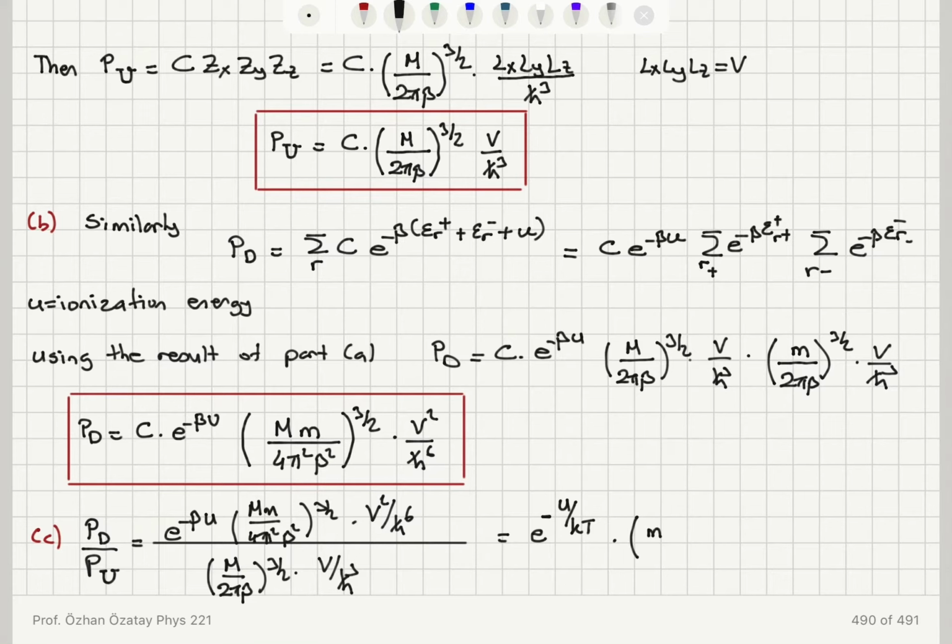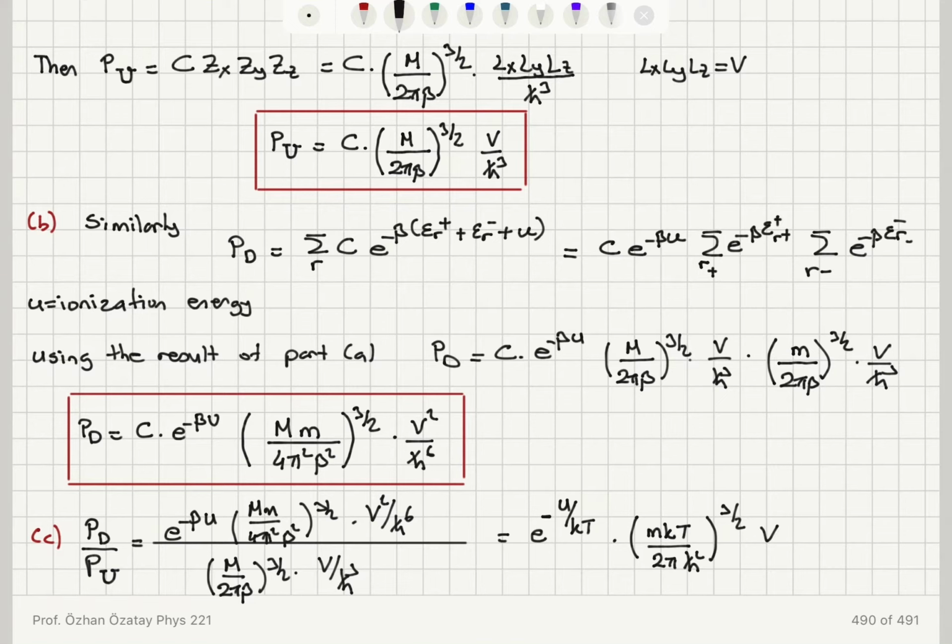I will have the lowercase m term, m kT over 2 pi, with h bar squared to the power 3 over 2 multiplied by the volume V.